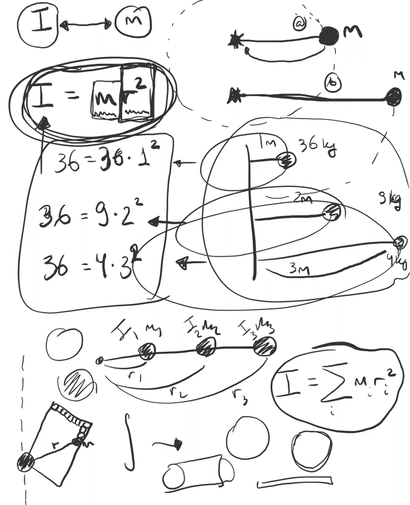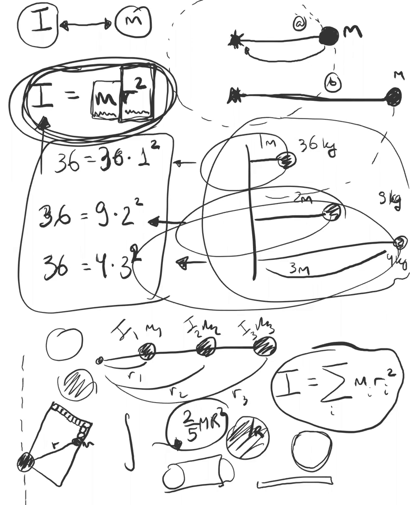For example, I'm looking in the textbook now, and the textbook tells me that if I have a solid sphere that has a radius r, then the moment of inertia of the solid sphere is 2/5 mr squared.